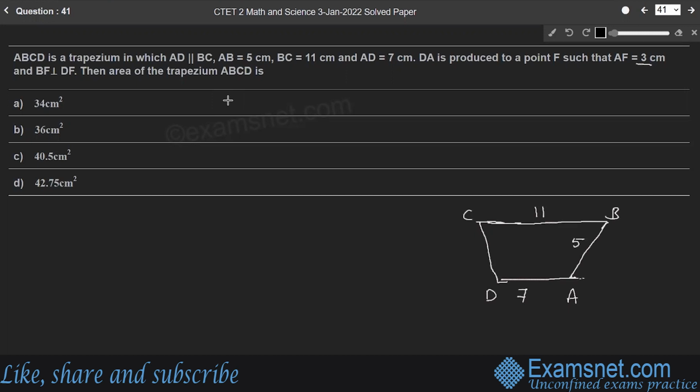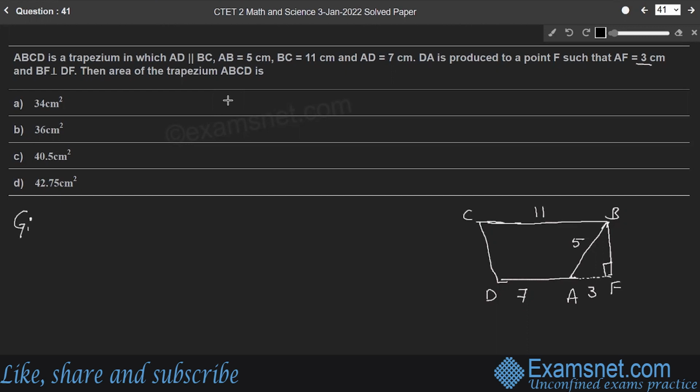DA is produced. Let us draw an imaginary line, DA produced to a point F such that AF is 3 cm and BF is perpendicular to DF. Here BF is perpendicular to DF, right? Then the area of the trapezium.